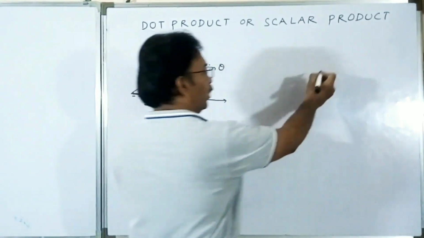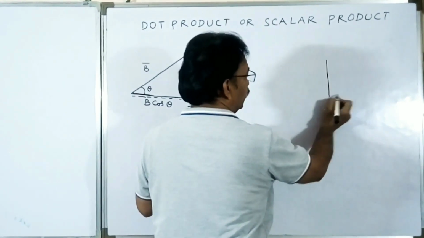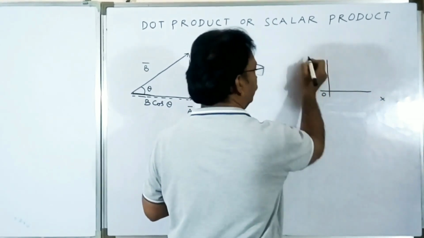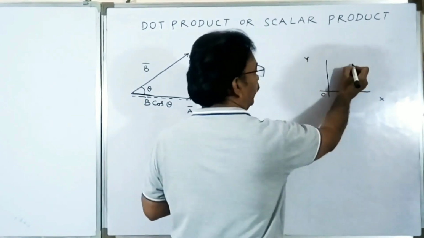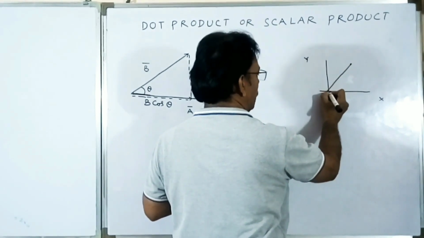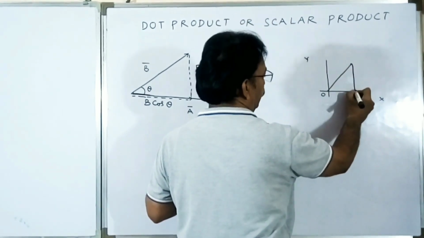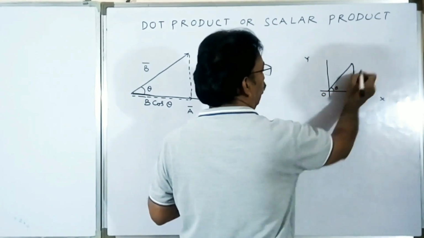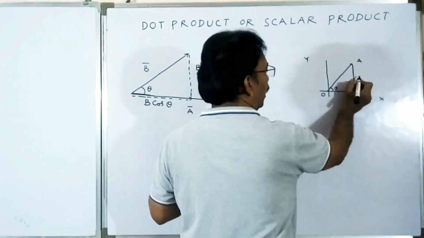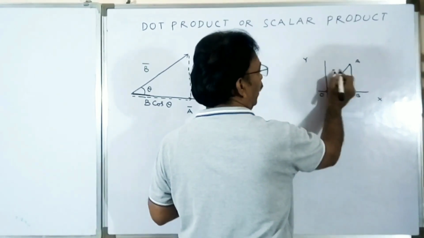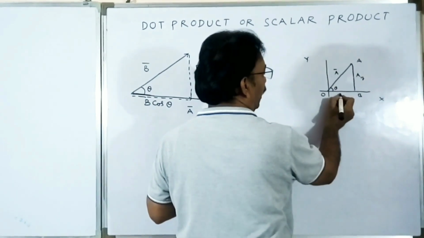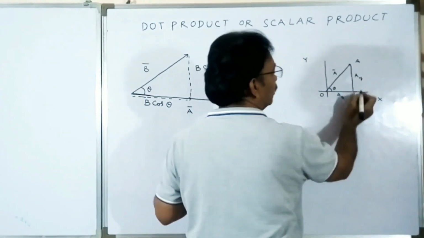I will repeat, how can we resolve? In the previous class we learnt about the resolution of vectors. If you take the xy plane and a position vector, we constructed a triangle OAB, where the opposite side is the vector A bar, and we write this component as AY and this component as AX.